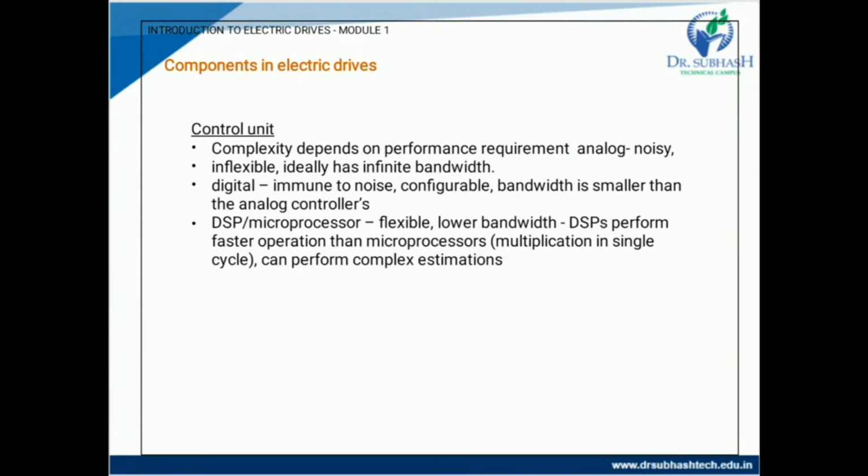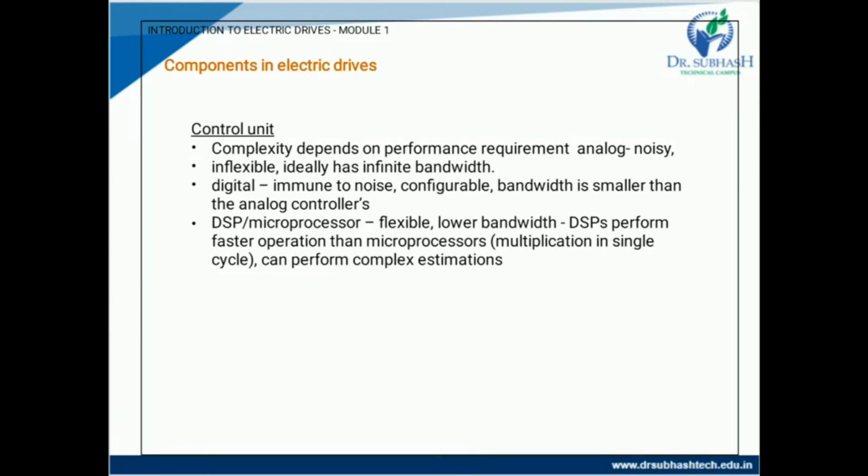Control unit: complexity depends on performance requirement. Analog: noisy, inflexible, ideally has infinite bandwidth. Digital: immune to noise, configurable, bandwidth is smaller than the analog controllers. DSP or microprocessor, we can use it. Digital signal processing, microprocessor: flexible, lower bandwidth.